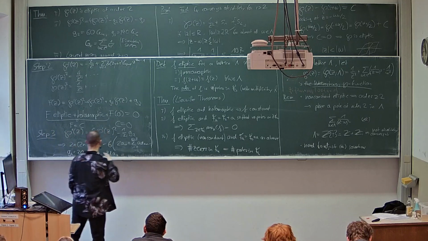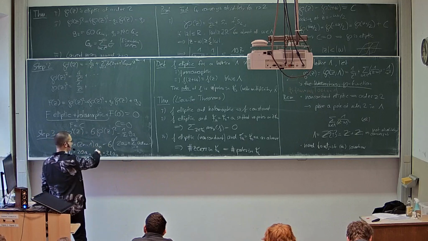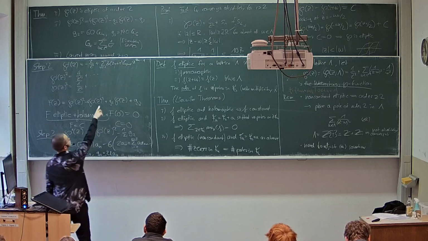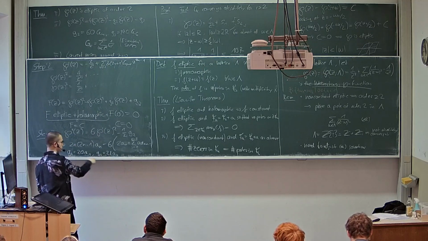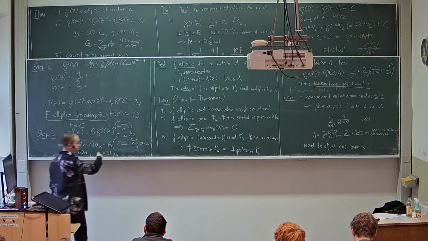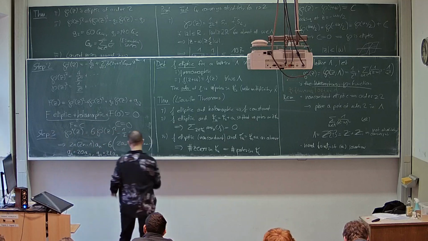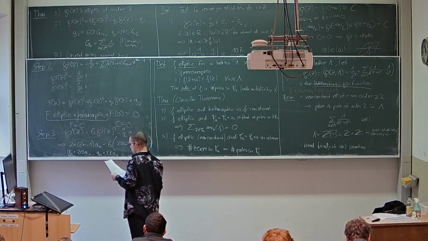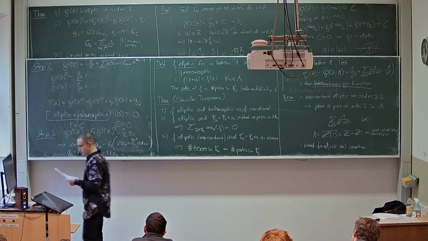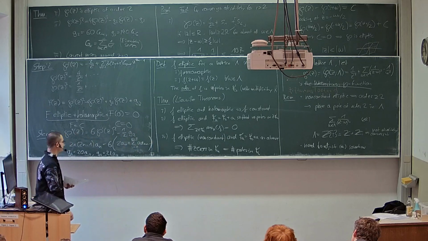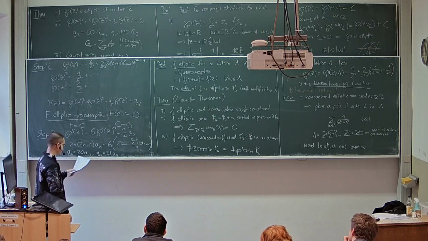Meaning we can compute all the higher coefficients, so all the coefficients G2n plus 2, from lower G2 and lower G3. So this is the independence of this expression. This can be proven by induction. So yeah, this gives us this theorem.